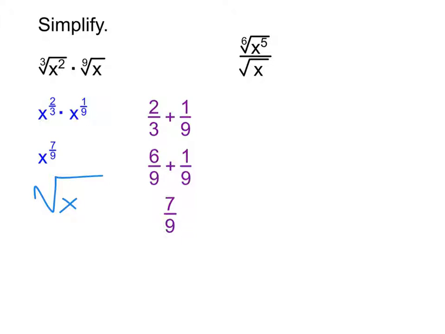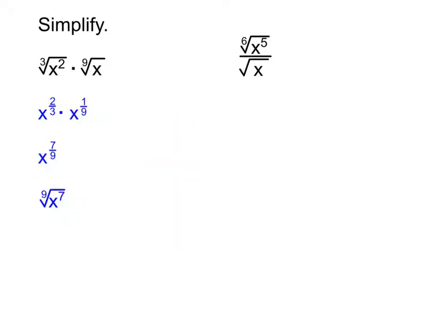Which number goes into the root here? 9. Yep, it's the bottom of the fraction. And so my final answer is the 9th root of x to the 7th. And then this one is done now. And that's the whole process for how we multiply radicals.